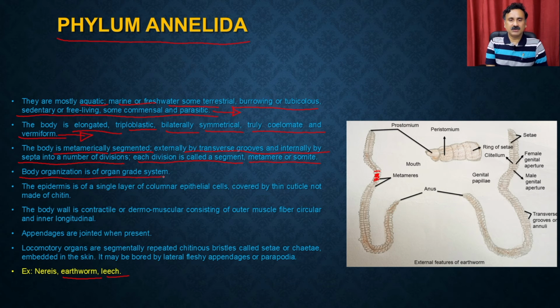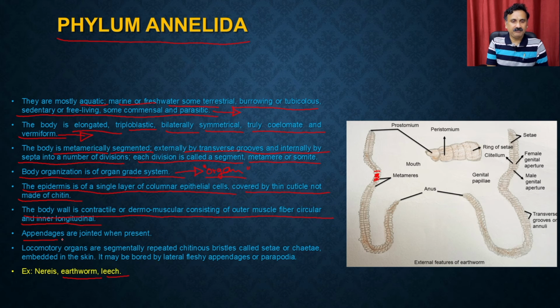Body organization is of an organ grade, which means it contains organs but not organ systems. The epidermis is a single layer of columnar epithelial cells covered by a thin cuticle not made up of chitin. The body wall is contractile or dermomuscular, consisting of outer circular and inner longitudinal muscles.